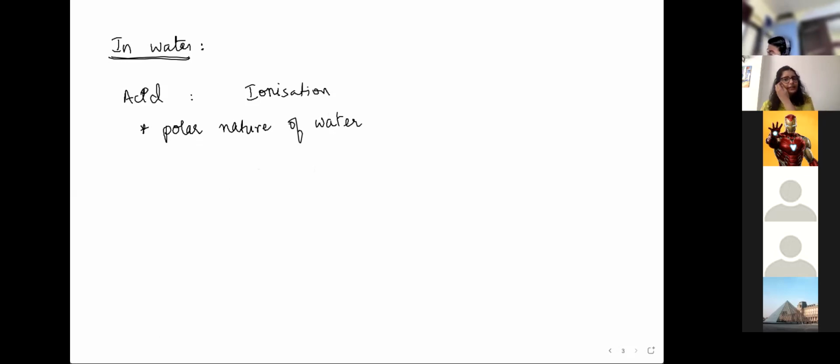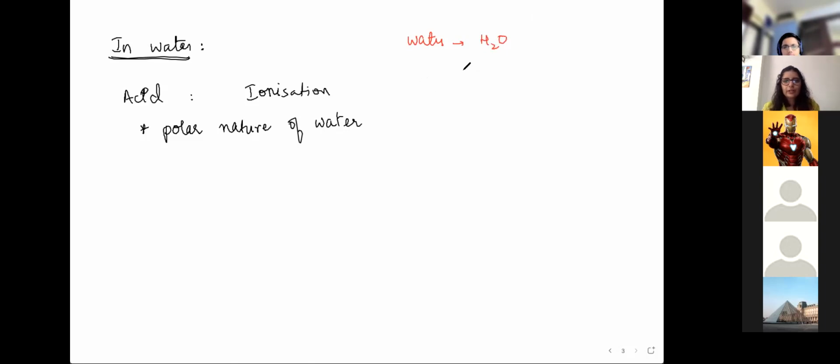Do you guys know what is the structure of a water molecule? Have you come across it anywhere randomly? HOH. HOH, yes, that is the most simple way of saying it. Water is made up of 2 hydrogen atoms and 1 oxygen atom, right?